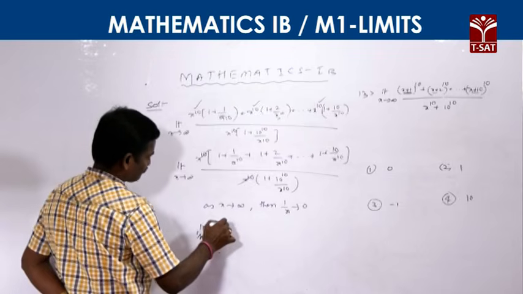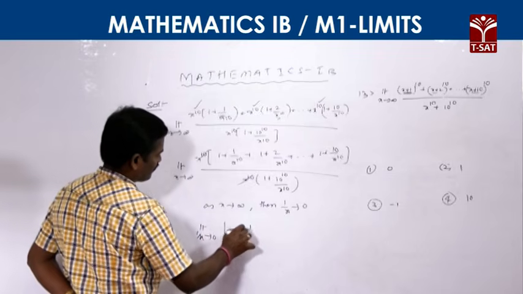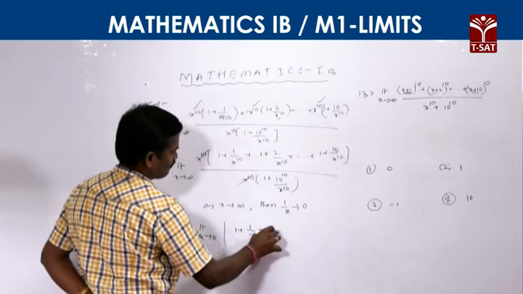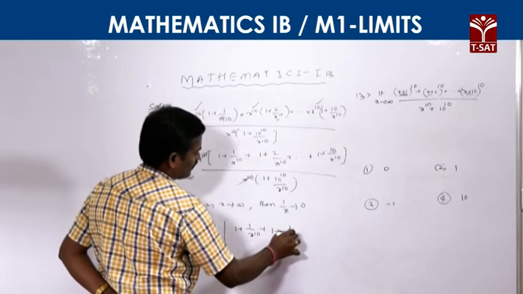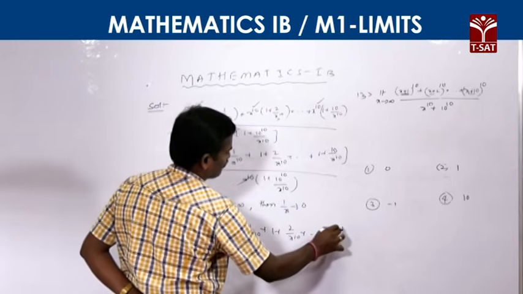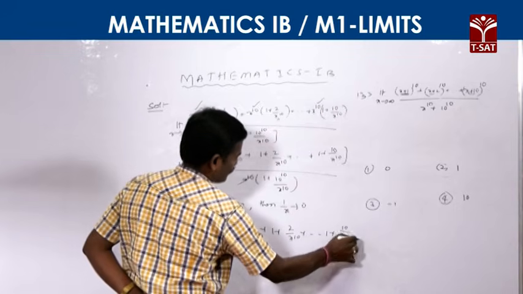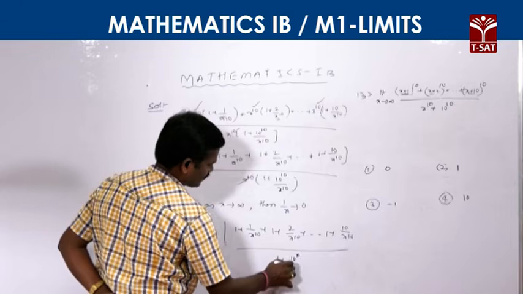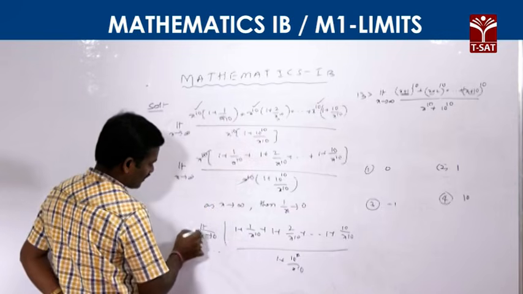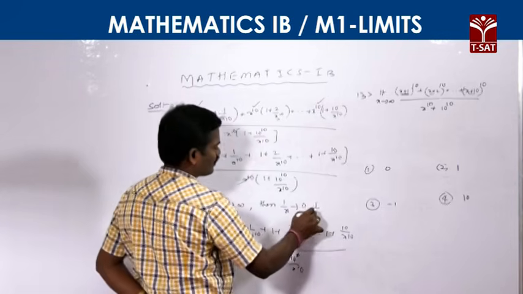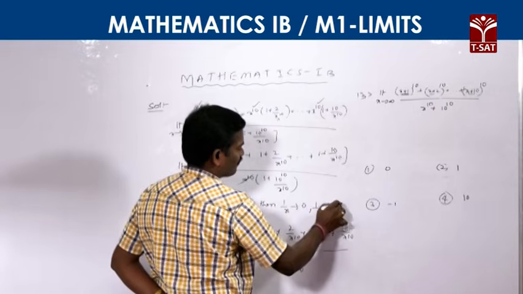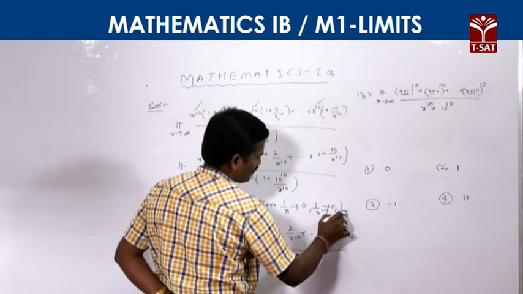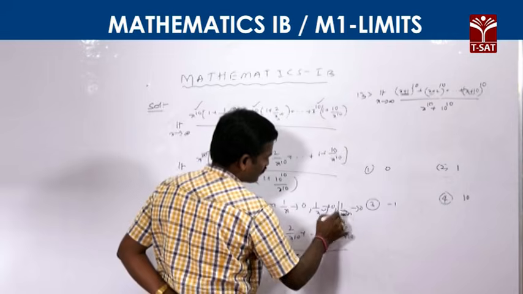So here, (1 plus 1 by x) power 10 plus (1 plus 2 by x) power 10 and so on, plus (1 plus 10 by x) power 10, by 1 plus 10 power 10 by x power 10. So 1 by x tends to 0 means 1 by x square also tends to 0, and 1 by x power n in general is also 0.